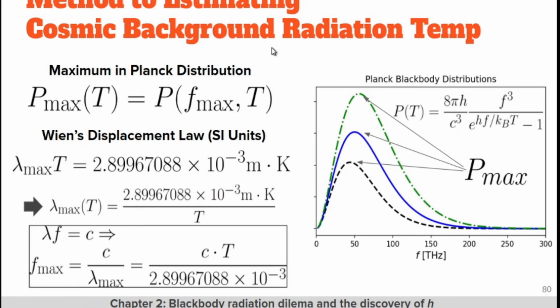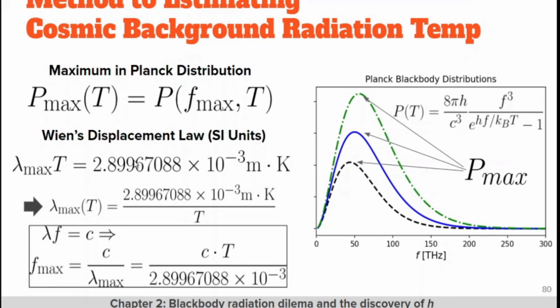In order to get this peak value, we're going to use a result which is also well known, and we derived this result earlier in this class. Hopefully you remember that. That result is Wien's displacement law. It says that for these distributions, the location where the maximum occurs, remember this is wavelength, not frequency, we're going to relate the two, but the wavelength where the maximum occurs, multiplied by temperature, is equal to a constant.